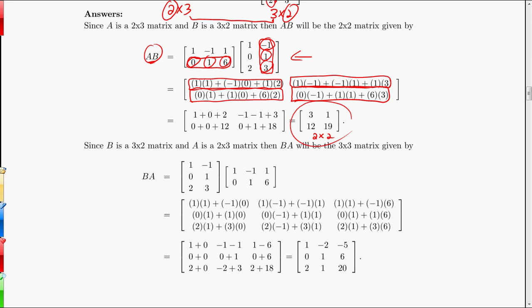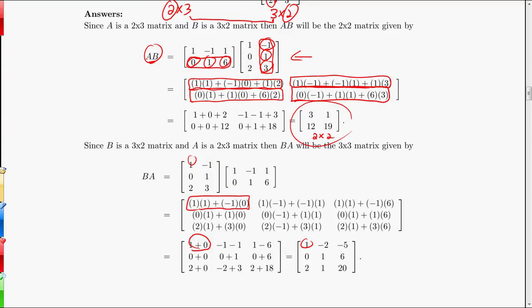So to get my first row, first column in B times A, I take the first row in B times the first column in A. So that's 1 times 1 plus negative 1 times 0. And that gives me 1 plus 0, or 1.